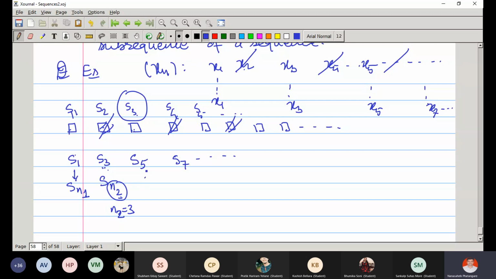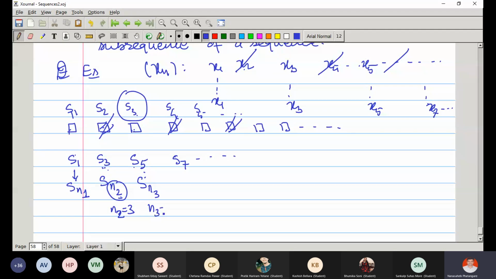S5. What is the position of S5 in the subsequence, in the new sequence? Third position. But the original position is the fifth position. So n3 is actually 5.